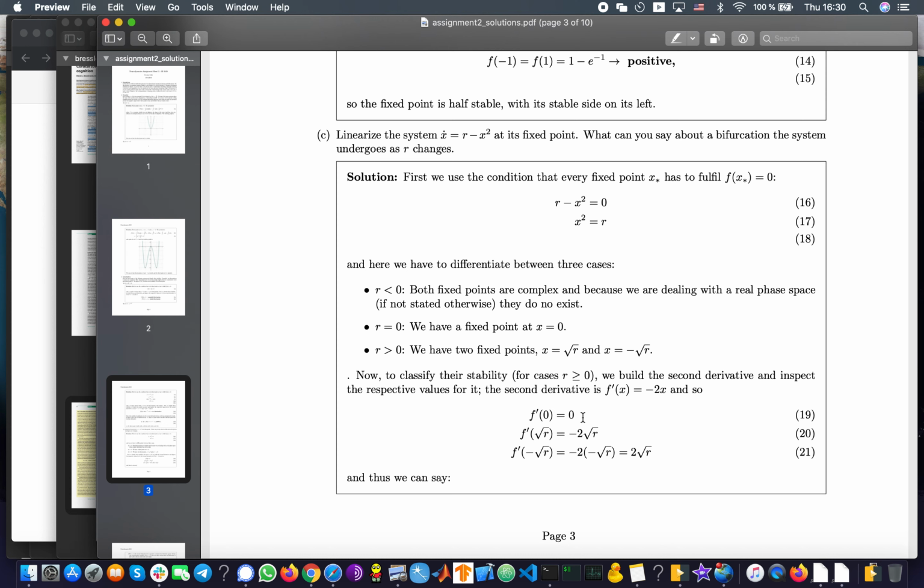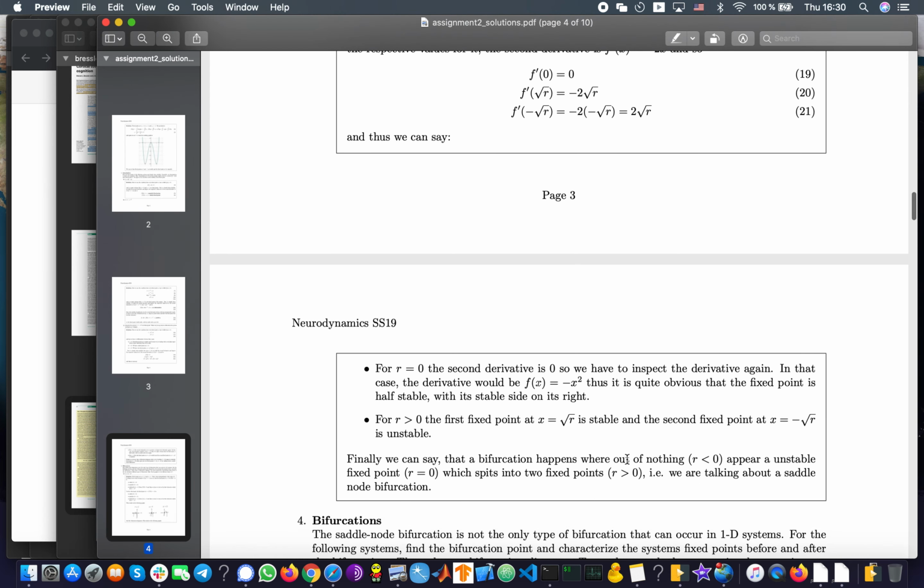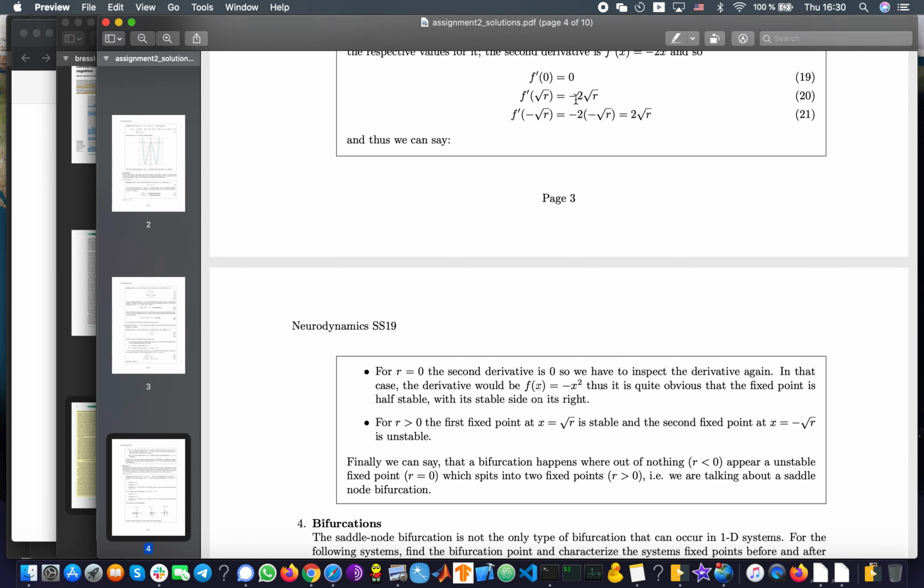So f prime of 0 is equal to 0 again at this fixed point, and for the other two fixed points, the square root of r and minus the square root of r, it depends on the sign of f prime, because if the sign of f prime is negative, then it is stable, otherwise it is unstable.